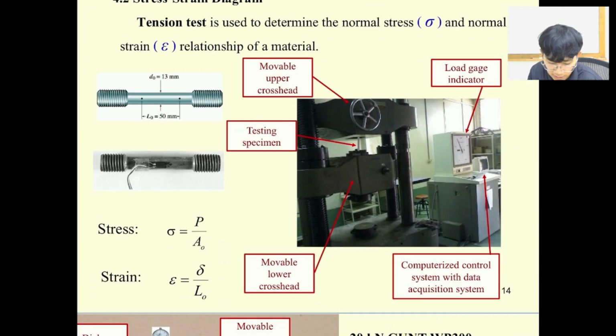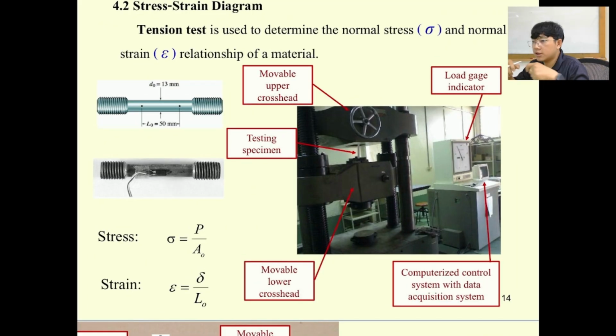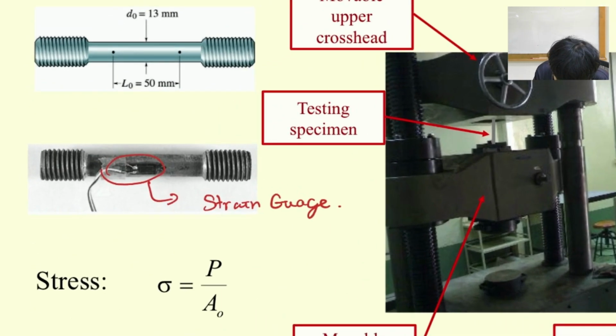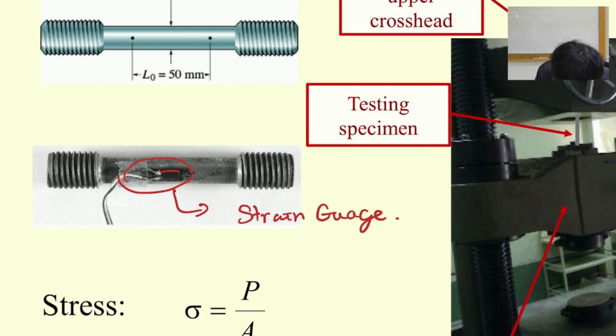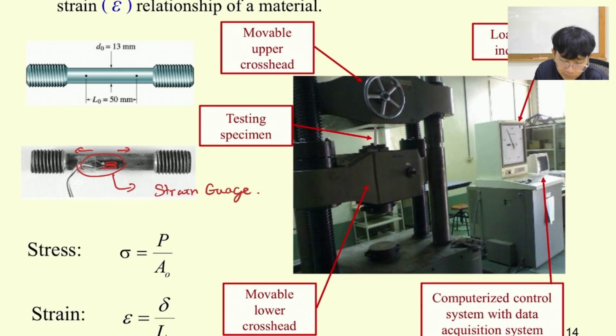So this is the same thing. Okay. The vernier calipers, or another one, we put some digital gauge over here. We call it strain gauge. The strain gauge has some wire connected together. When your sample is subject to tensile or compression strain, the strain gauge is going to automatically give you the value of the strain.